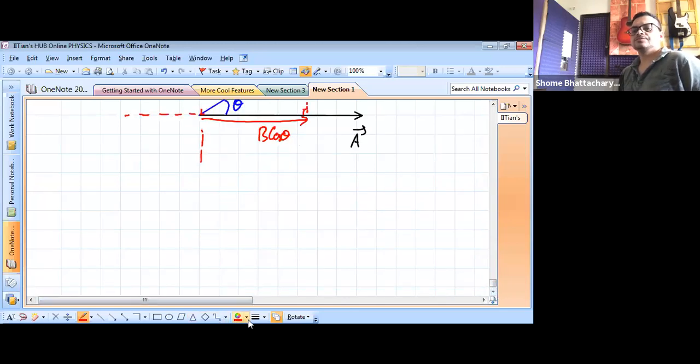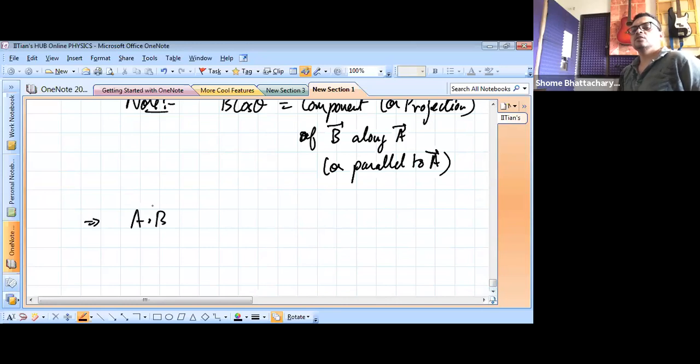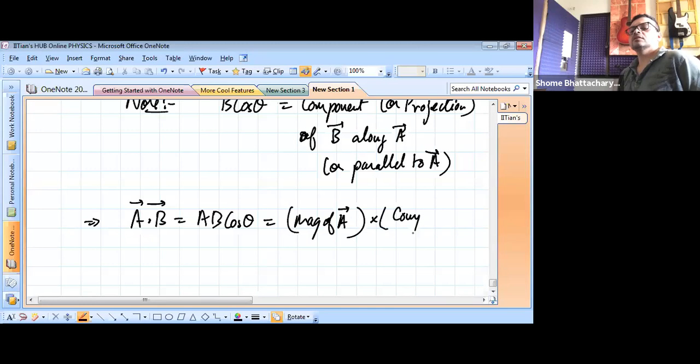So you can also interpret this. Understand from this that B cos theta is nothing but the component, or you can say the projection, of the vector B in A's direction, so along or parallel to A. Therefore, the interpretation becomes that A dot B, which is AB cos theta, is equal to the magnitude of the vector A multiplied with the component of the vector B along A. So it is nothing but the magnitude of A multiplied by B cos theta.